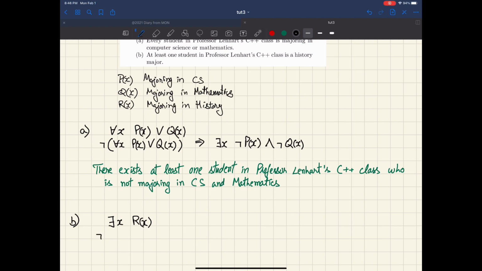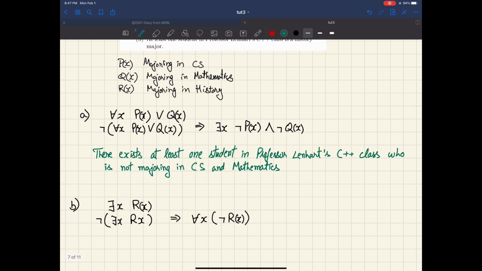And its negation would be not of some x, R of x, and when you open the braces, your existential becomes a universal quantifier, and it is for all x, not R of x. And the English sentence would be no student in Professor Lenhart's C++ class is a history major.